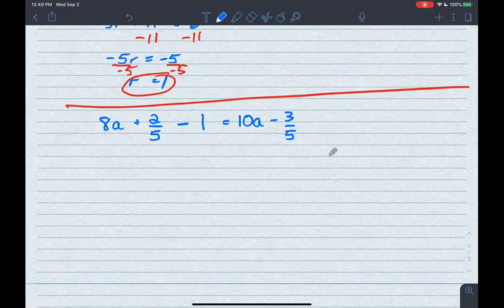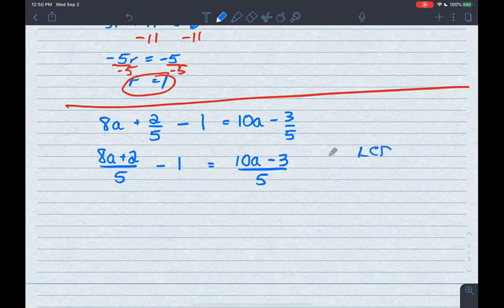So it's 8a plus 2, all over 5, and then a minus 1. And then 10a minus 3, all over 5. Okay, so the least common denominator is 5.